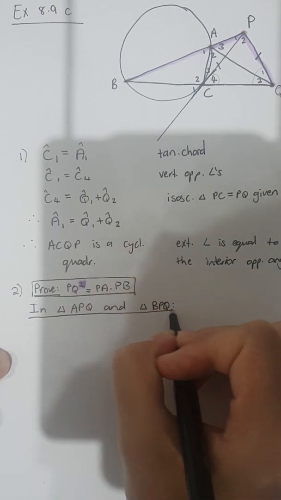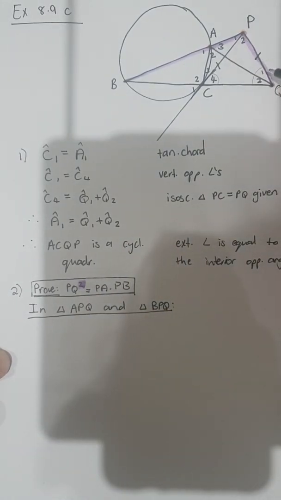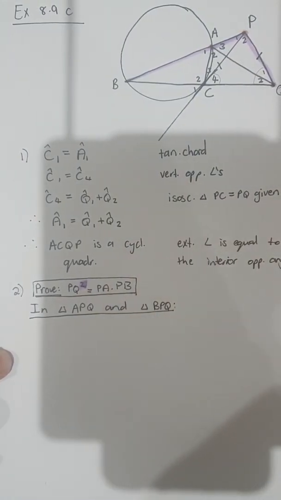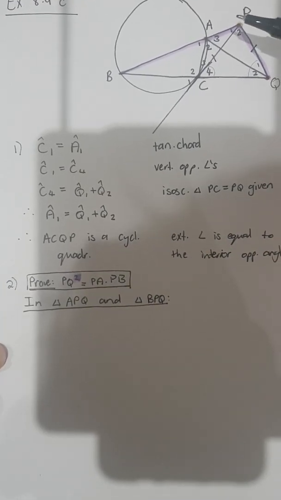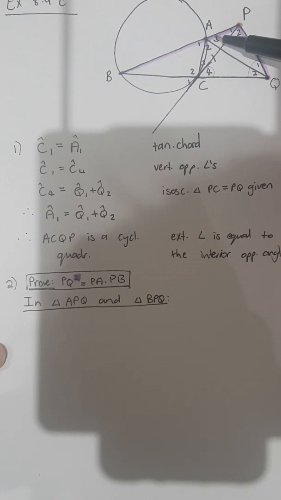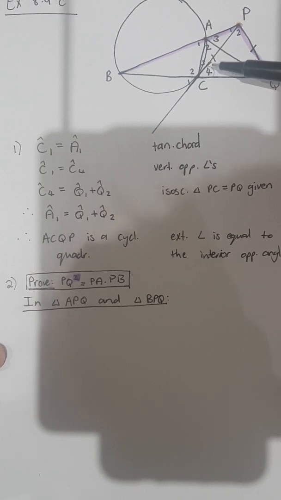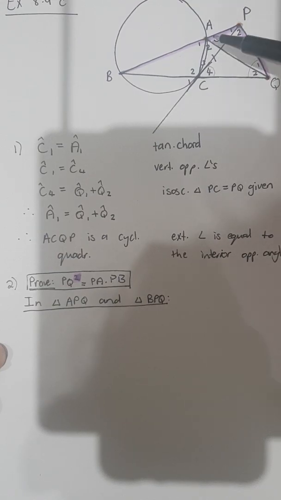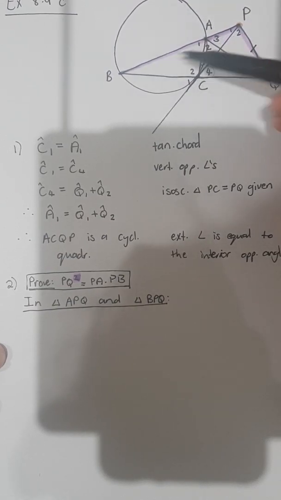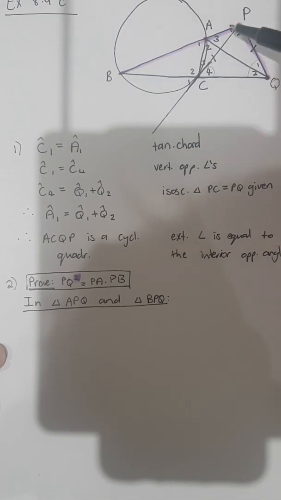Right. So, ABQ. So let's have a look. So I know that A3 is equal to C4. What do I also know? ABQ and then I also have BPQ.